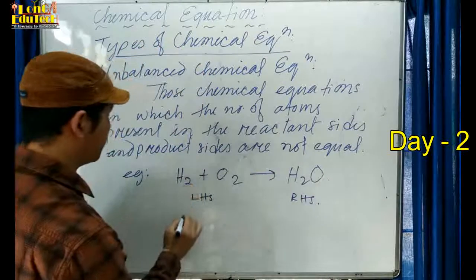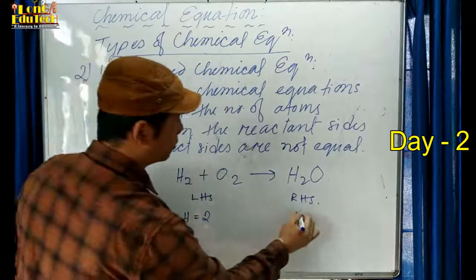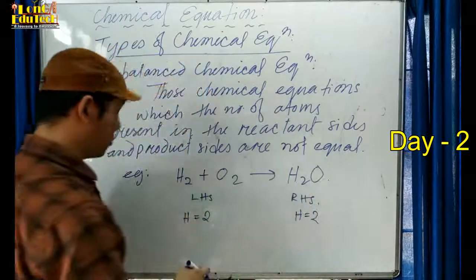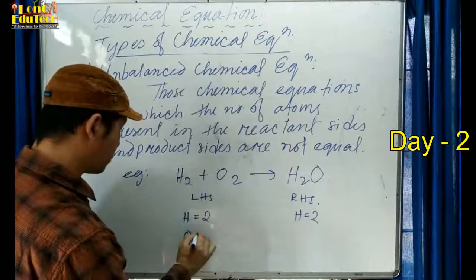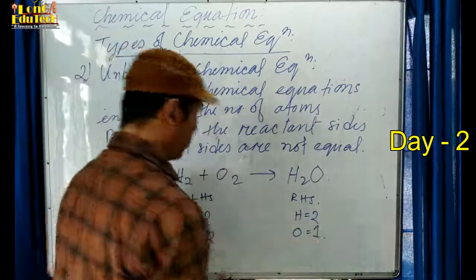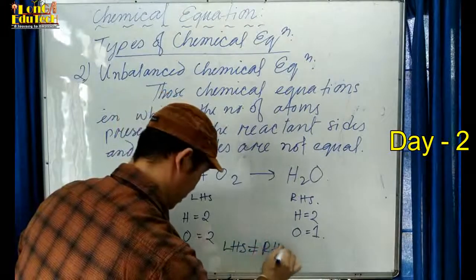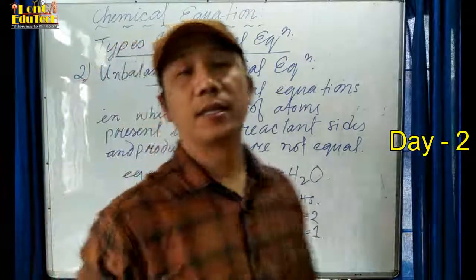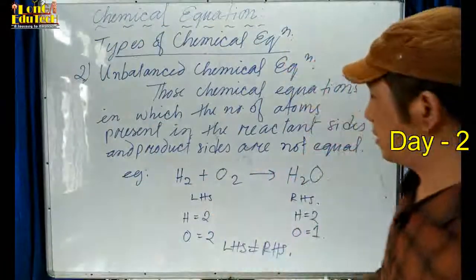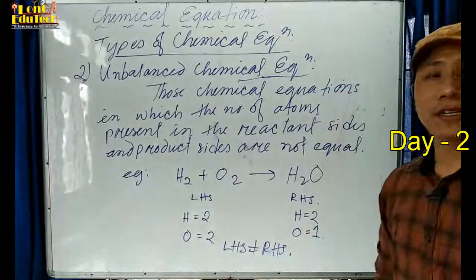Let us see hydrogen. How much hydrogen? 2. Here also hydrogen is 2, no problem. What about oxygen? Oxygen is 2 here. Oxygen here how much? 1, right? So the left hand side is not equal to the right hand side, and such chemical equations are called unbalanced chemical equations.